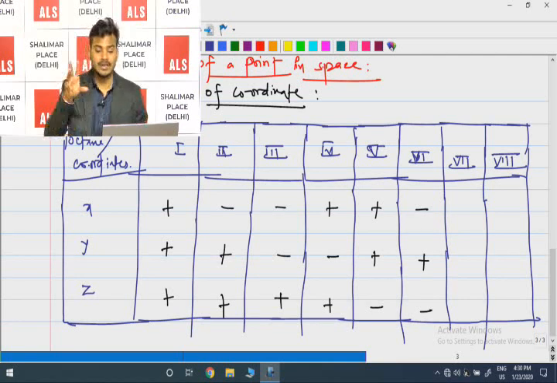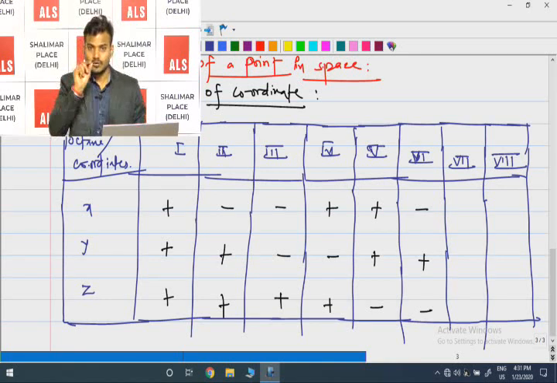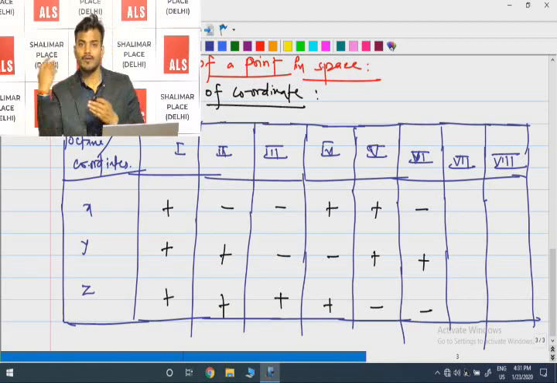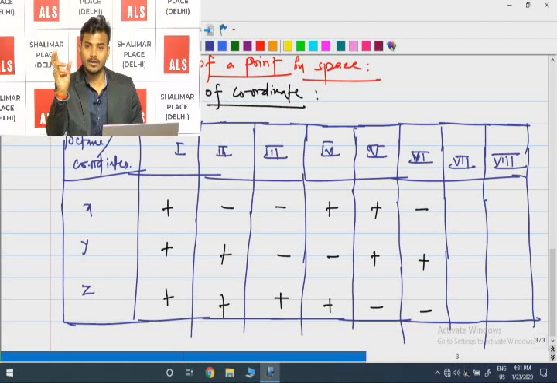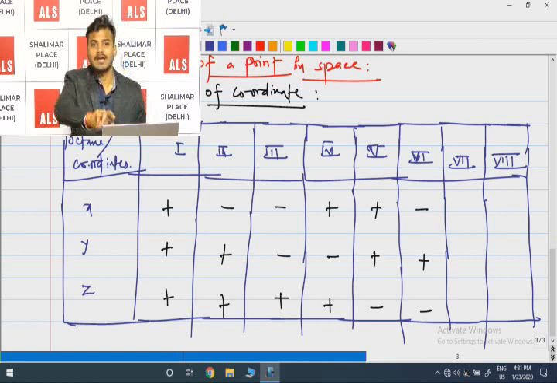Fifth octant is plus plus minus, right? Plus means right, plus means upward, minus means away from me, right? So basically 1, 2, 3, 4. Now away from me, here I'll come, and this is the fifth. This is fifth, this is sixth, this is seventh, and this is eighth.